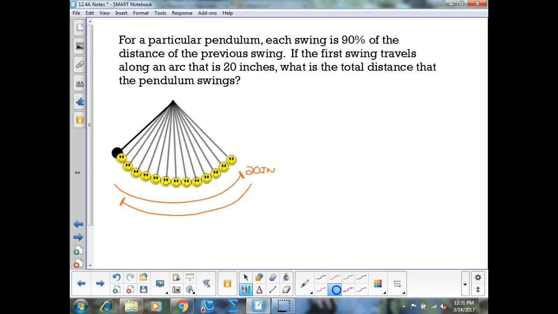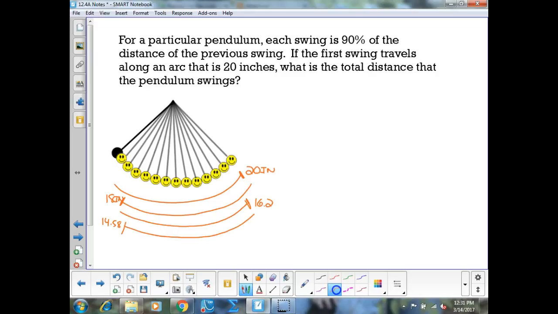18? Then it swings back. Swings back to what? 16.2? Then it swings back. What do you get? 14.58.